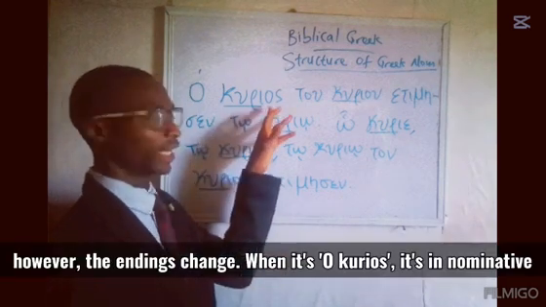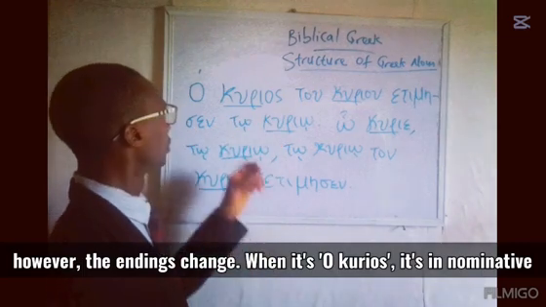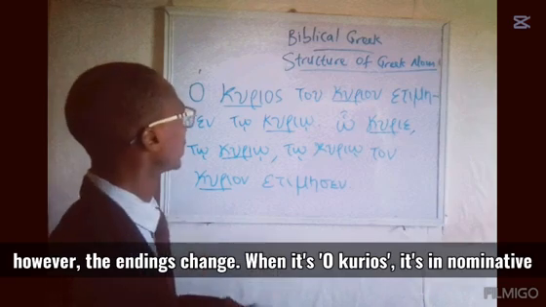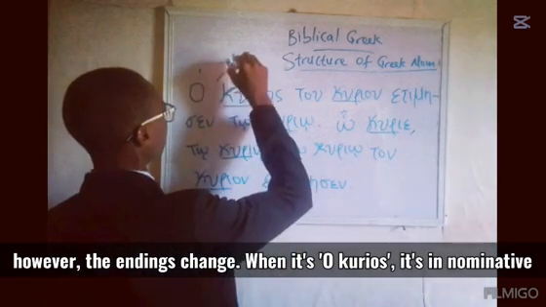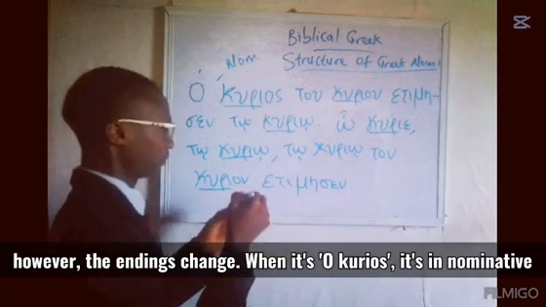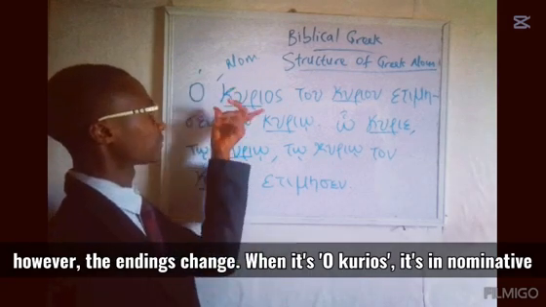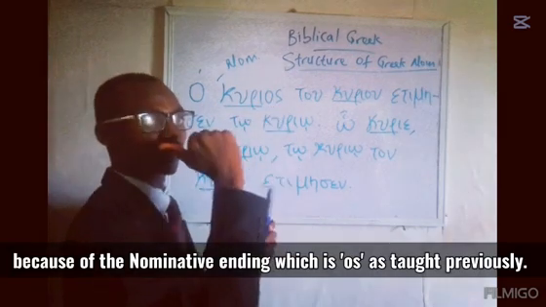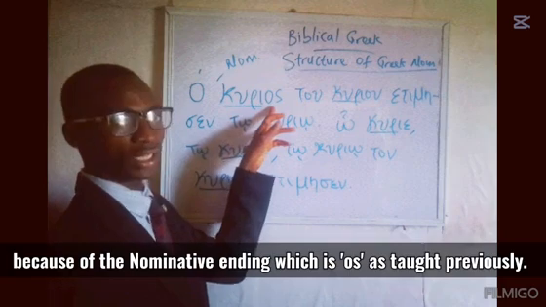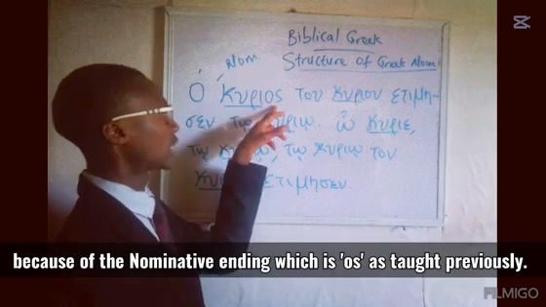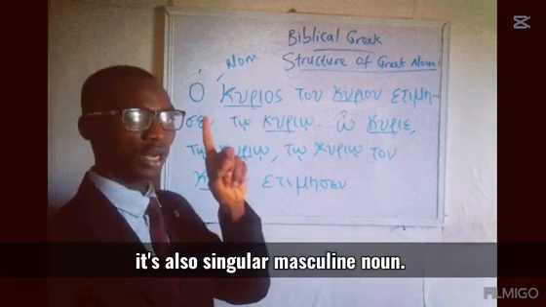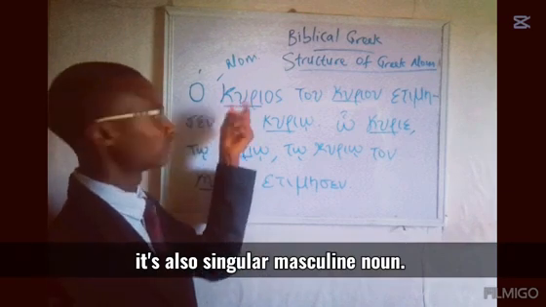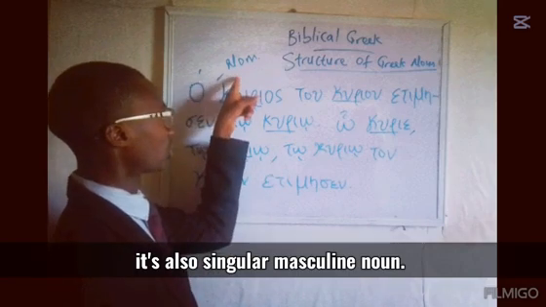However, the endings change. When it is ho kurios here, that shows it is in the nominative case. Because we have the nominative ending, this -os, as seen in the previous teaching, and it is singular, the Lord, and masculine. So it is nominative.